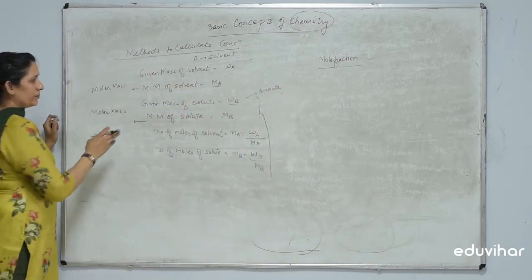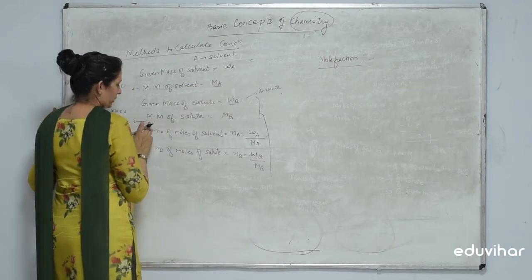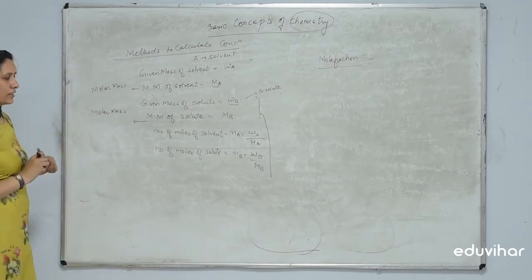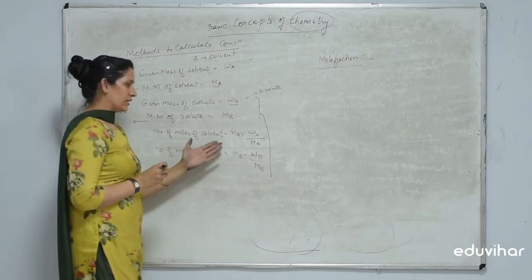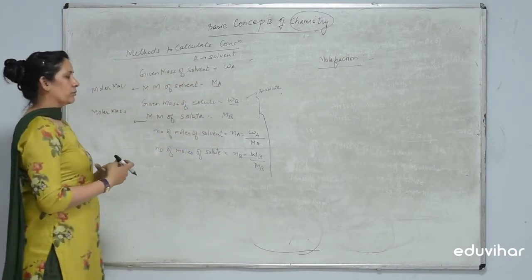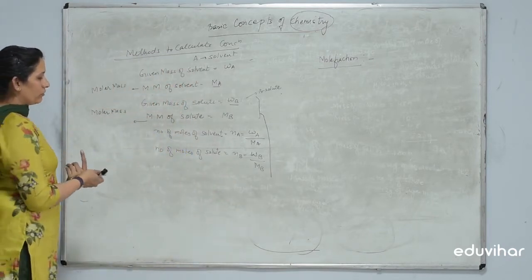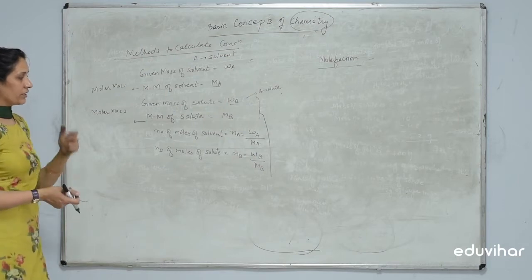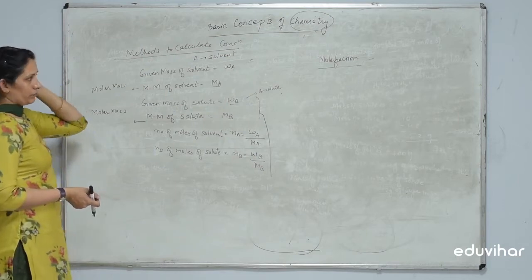The number of moles of solvent is NA, equal to WA upon MA. The number of moles of solute is NB, equal to WB upon MB.